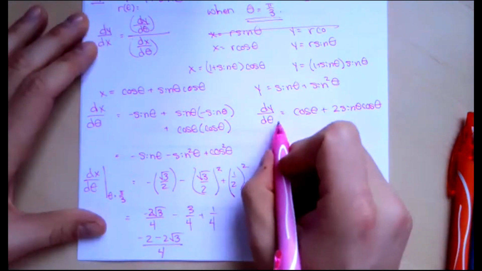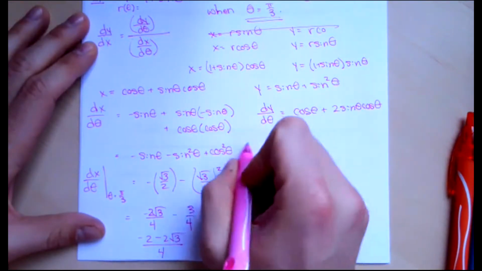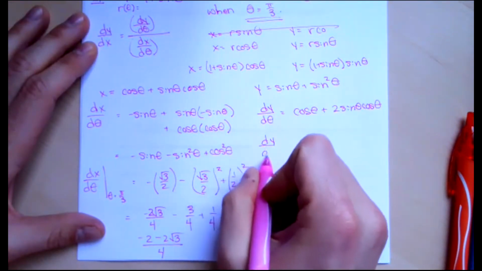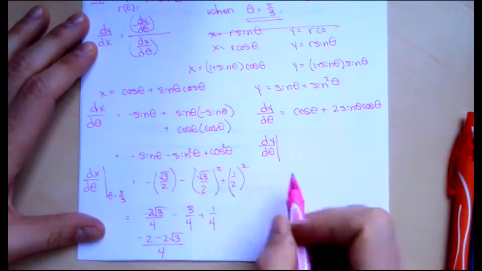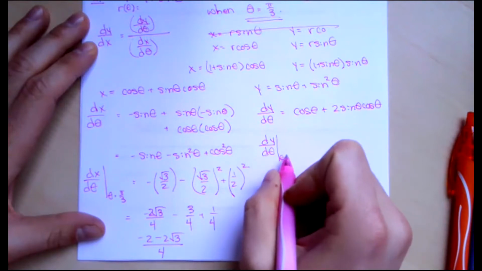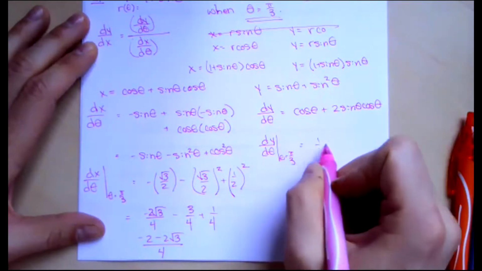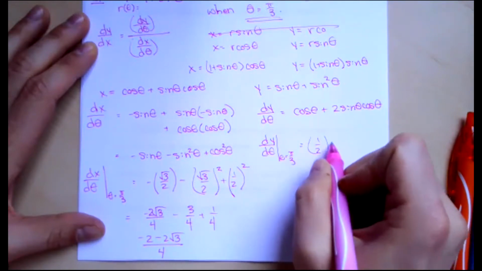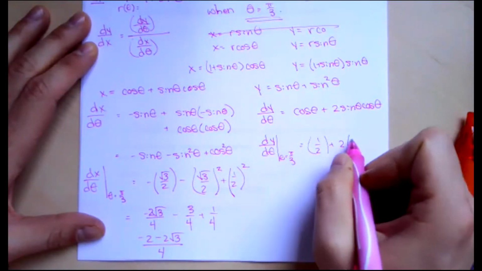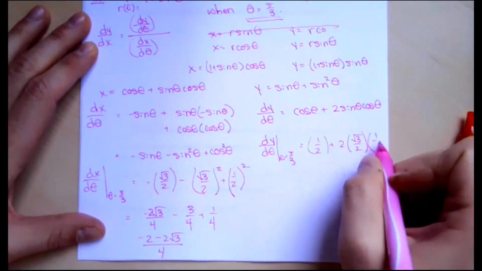Hopefully for the dy/dθ, usually the denominators work out the same, which is kind of nice because when we take the ratio, those will just cancel and save ourselves a little bit of algebra and arithmetic. So cosine of theta was 1/2 plus 2 times square root of 3 over 2 times 1/2.